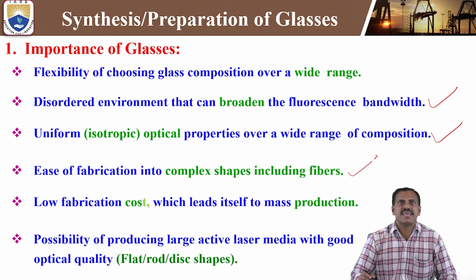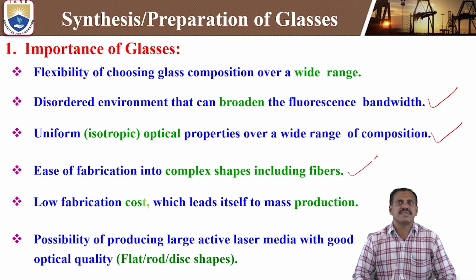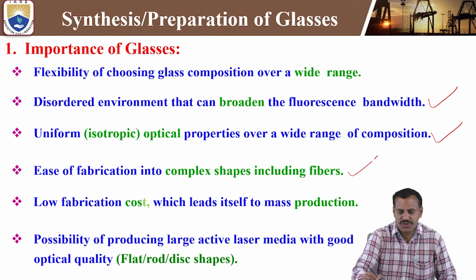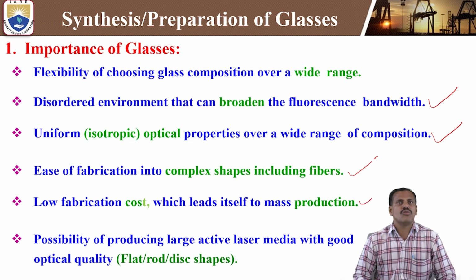Next is the ease of fabrication into complex shapes including fibers. The easy method is the melt quenching technique. We can fabricate glasses in a simple and economically cheap way, including complex shapes and optical fibers. The low fabrication cost lends itself to mass production.